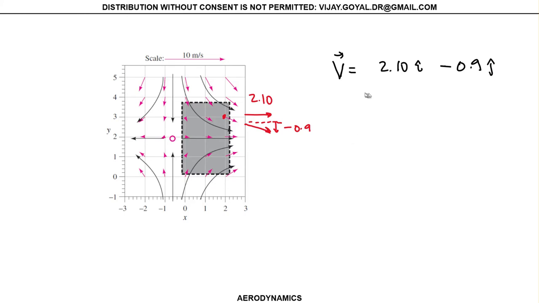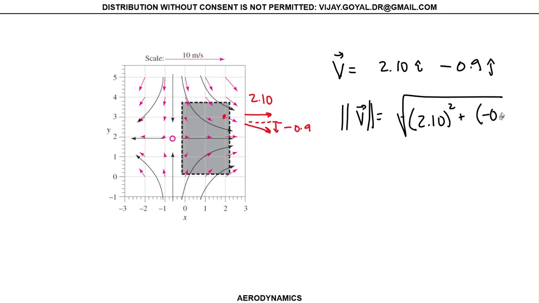To find the magnitude of this vector, as we recall, we square each one of the components and then take the square root of that. If you do that, you can show this is 2.28 meters per second.